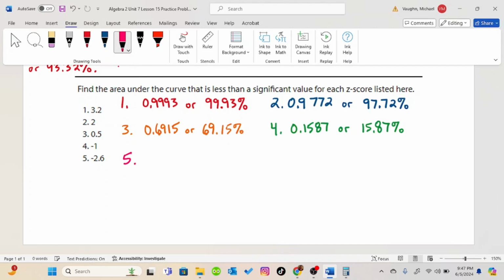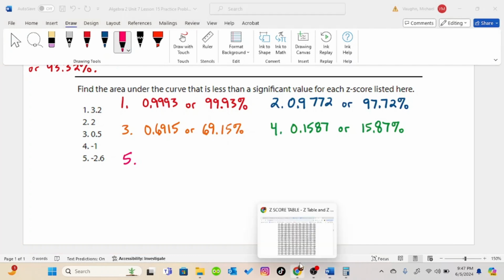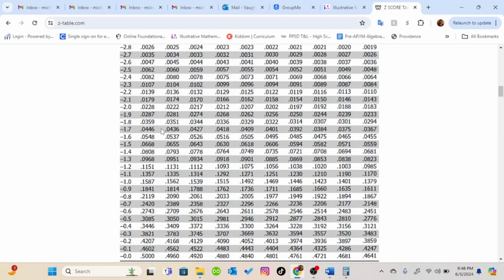And finally, number 5, they give us a z-score of -2.6. So we look for -2.6 in the left column.